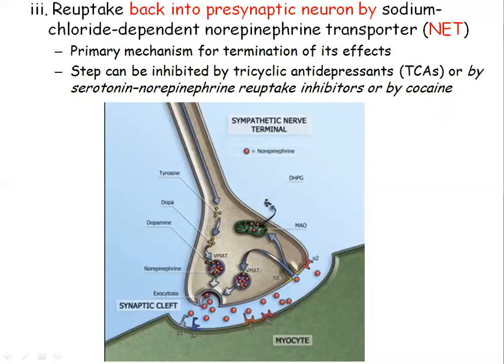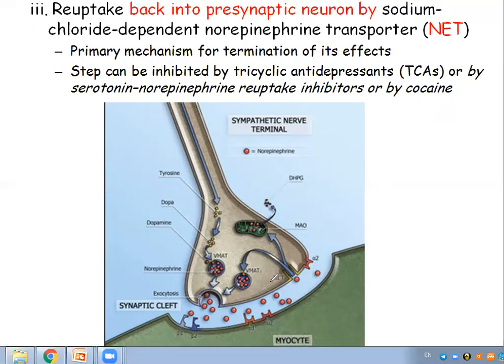The other fate is the reuptake of the norepinephrine back into the presynaptic neuron by a transporter called NET, which is an abbreviation of sodium chloride-dependent norepinephrine transporter. This step is considered the primary mechanism that terminates the effect of the norepinephrine.